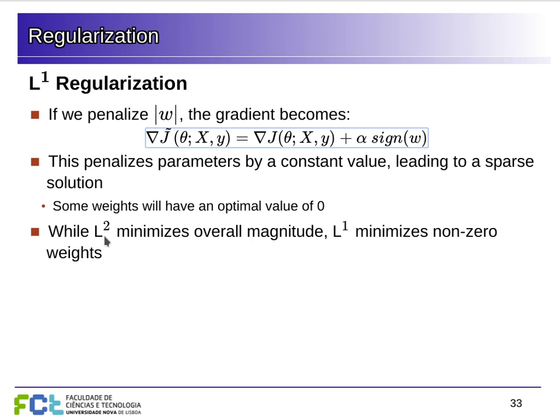So those that are not very useful will end up being zero. This way, even though you have the same model, by calibrating this alpha weight here, so how much weight you give to regularization, you can adjust the training of the model so that it doesn't overfit as much.